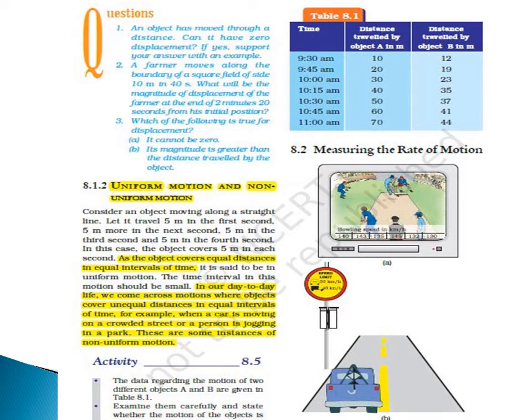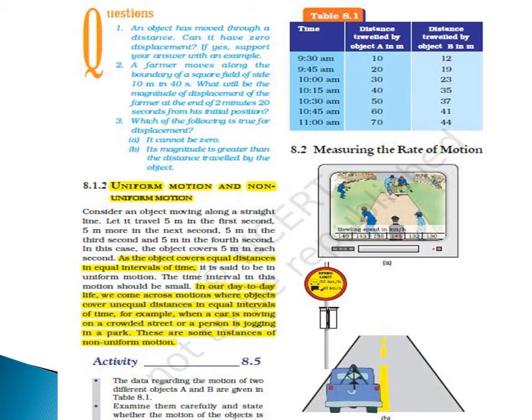Another example is that suppose on a road the car covers 50 km in the first hour during its journey, but due to some crowd or other obstacles the speed of the car reduces to 30 km per hour in the next hour. The car covers a distance of 30 km in the next hour. Again in the third hour it covers 80 km because the road becomes free.